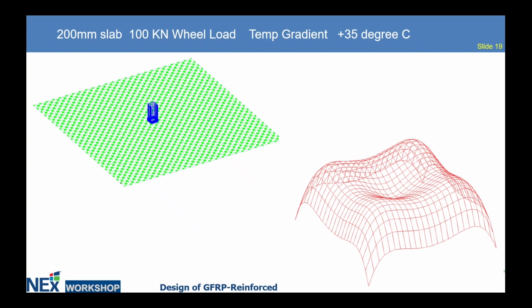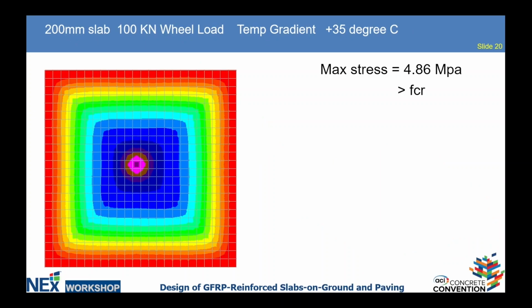Now, if I put a point load in the middle, 100 kilonewton, that represents the wheel load of a fully loaded truck plus the impact factor or dynamic load allowance, 10 tons, right in the middle, it generates a tensile stress at the bottom that exceeds the cracking moment.